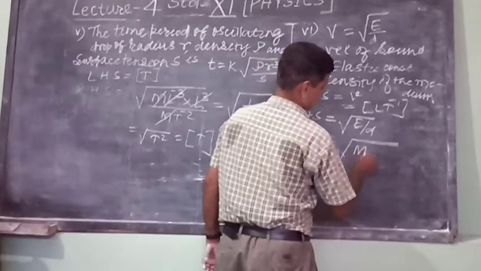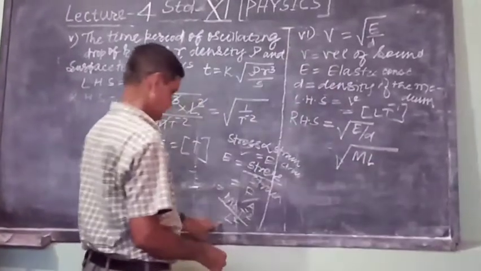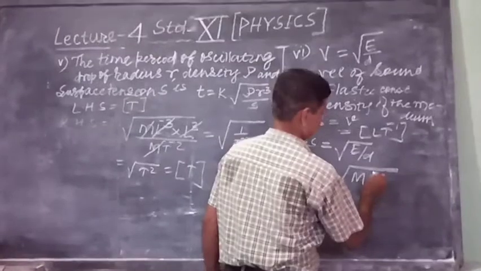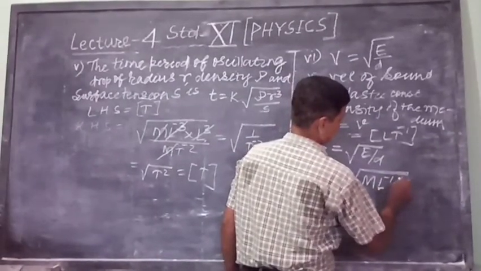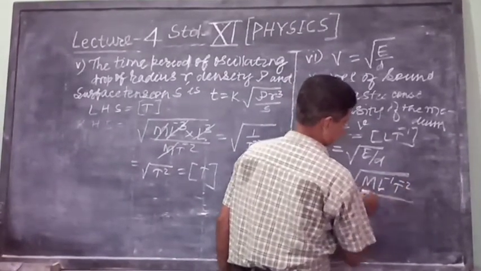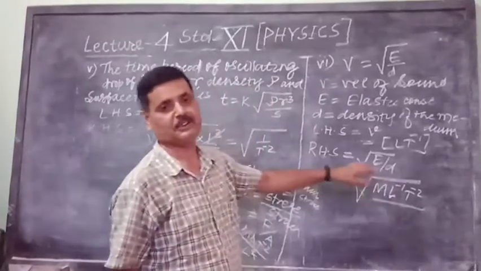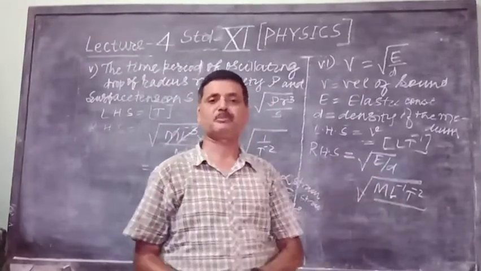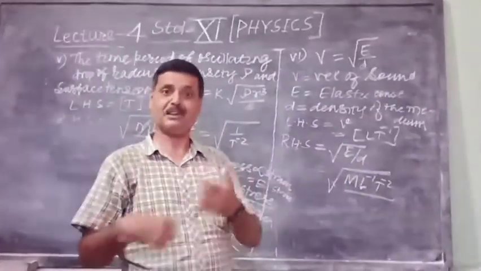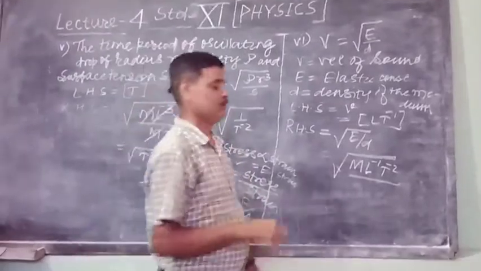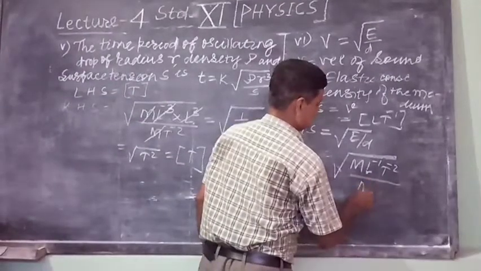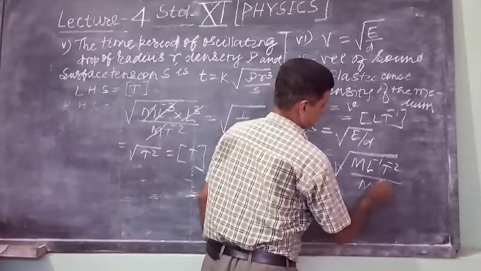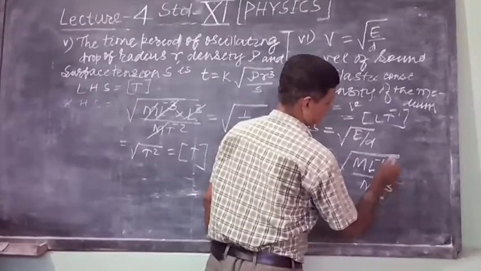m L to the power minus 1 and T to the power minus 2 divided by D, that is density of the medium. Density is mass by volume, mass by volume, m L to the power minus 3.